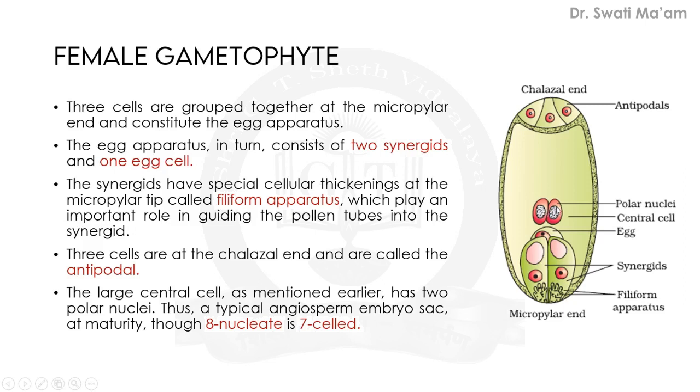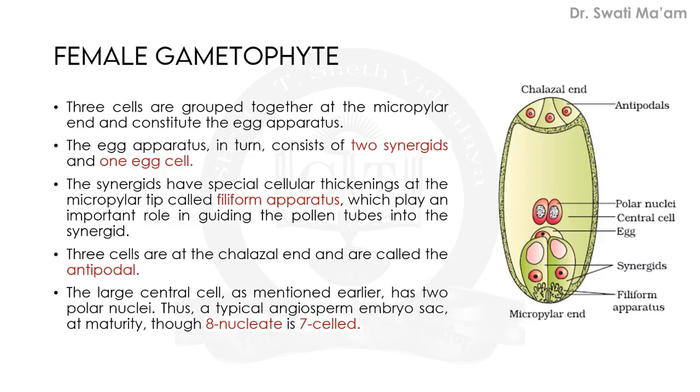As we have mentioned earlier, the large central cell has 2 polar nuclei, and therefore a typical angiosperm embryo sac at maturity consists of a 7-celled, 8 nucleate structure.